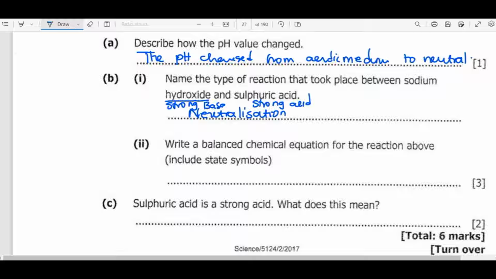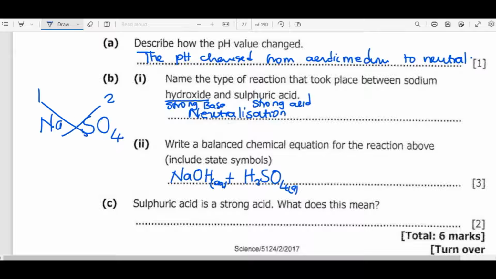So the first one, the chemical formula for sodium hydroxide is NaOH. It is in aqueous phase, plus sulfuric acid, which is H2SO4. Remember, the sulfate is a radical with a valence of 2, sodium with a valence of 1.